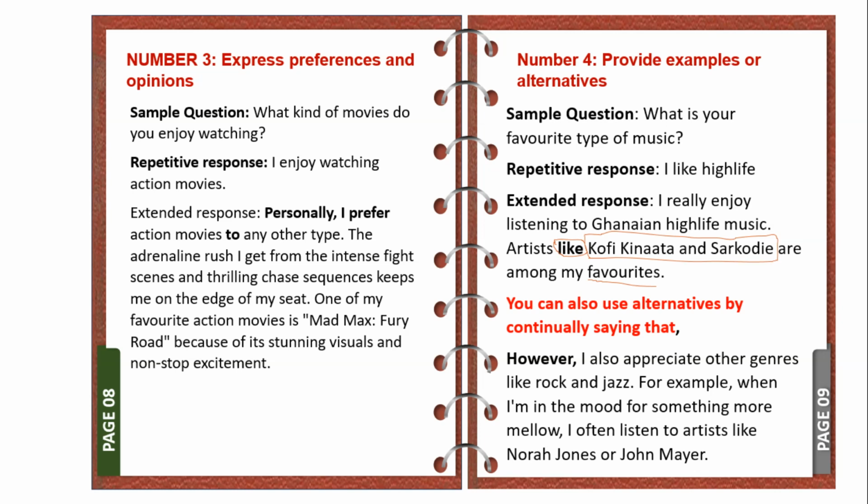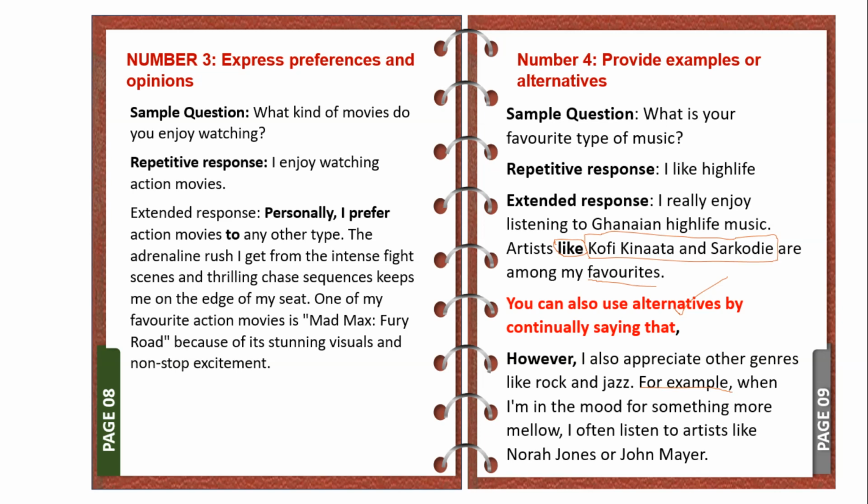All right, you can also use alternatives. After you have just stated it, you can choose to use alternatives by continually saying that, however, I also appreciate other genres like rock and jazz. For example, so you can see here, I use this connective word for example. And the first one I used like. Okay, so for example, when I'm in the mood for something more mellow, right?